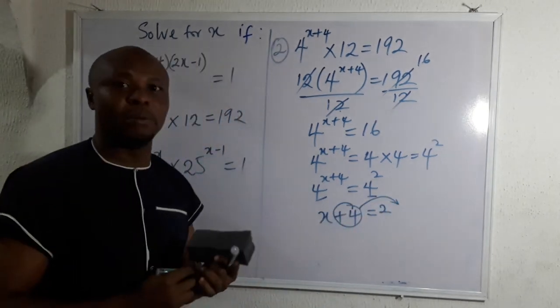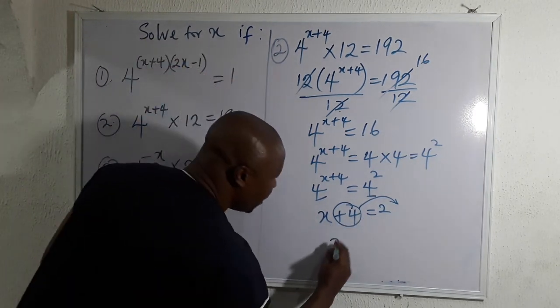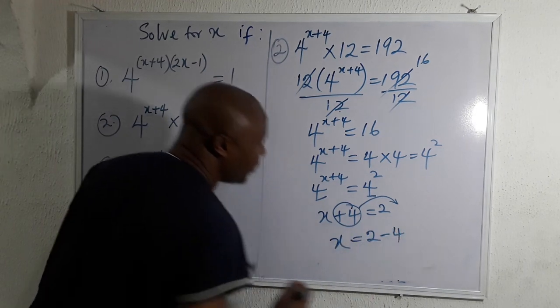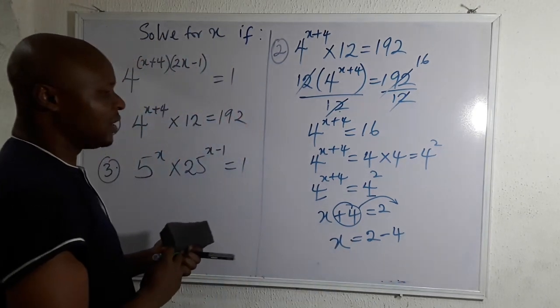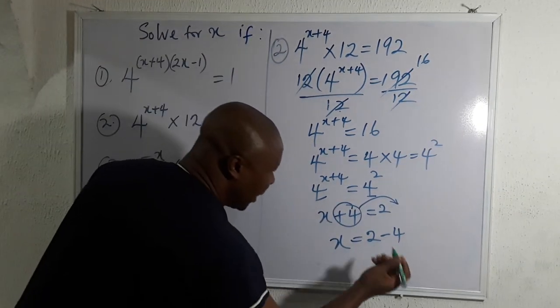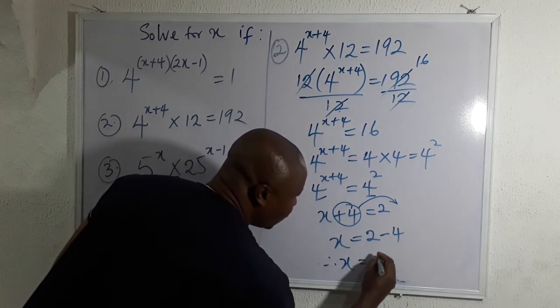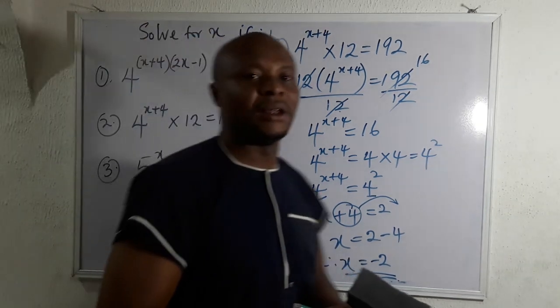It changes to minus 4 because it is crossing the equality sign. So x is equal to 2 minus 4, which is minus 2. So that is to say, therefore, x is equal to minus 2. That's pretty much it on this one.